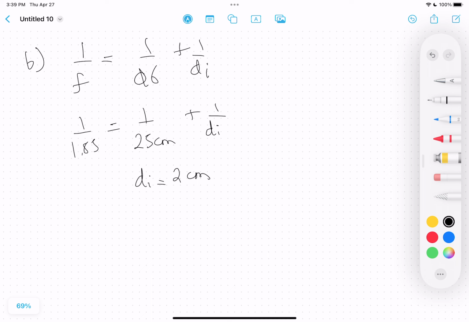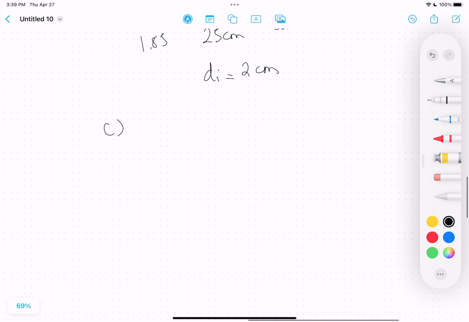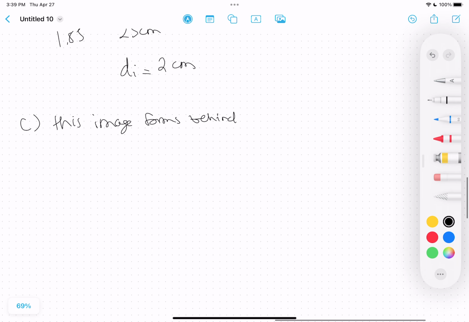Yeah, thank you. So, let me write that down. We have this image forms behind the retina because it's past the 1.89 centimeter mark.